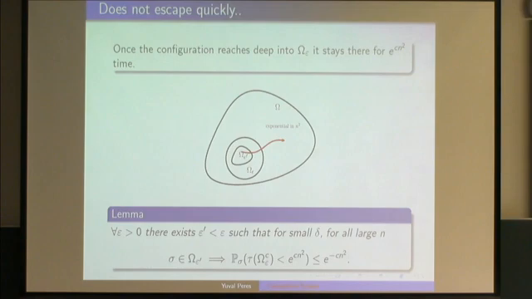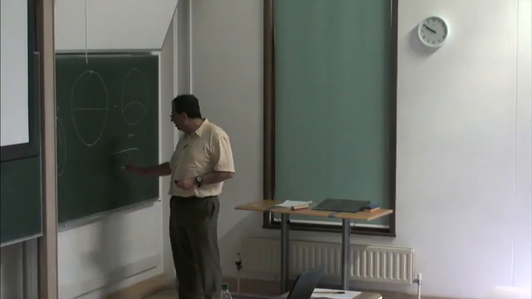Doesn't this contradict your previous result? No. Again, the previous result says that I hit omega epsilon quickly, and just by changing epsilon, I hit omega epsilon prime quickly. Think of the naive picture: a biased random walk, say with bias in this direction.